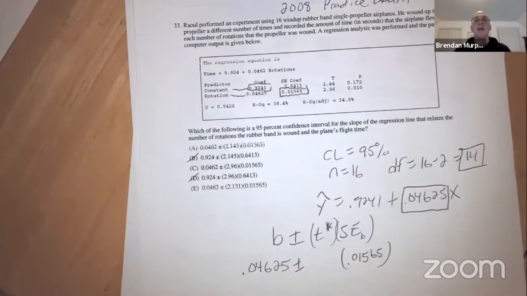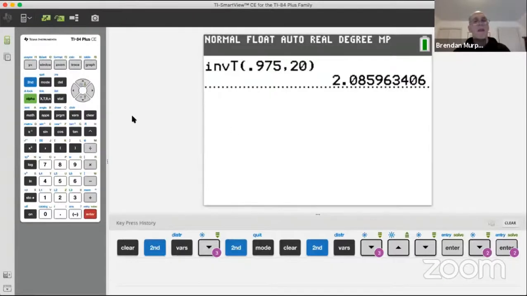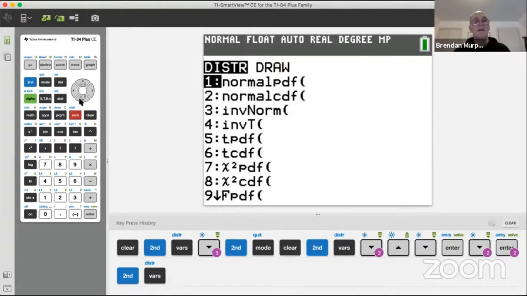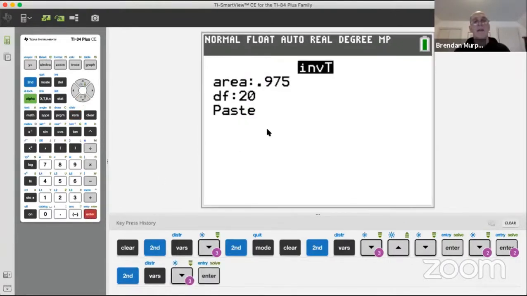Let's see if we can find that on my calculator. Second vars, scroll down to inverse t. I don't want to make the mistake of entering 0.95. Notice they say area, not confidence level. There's a difference.